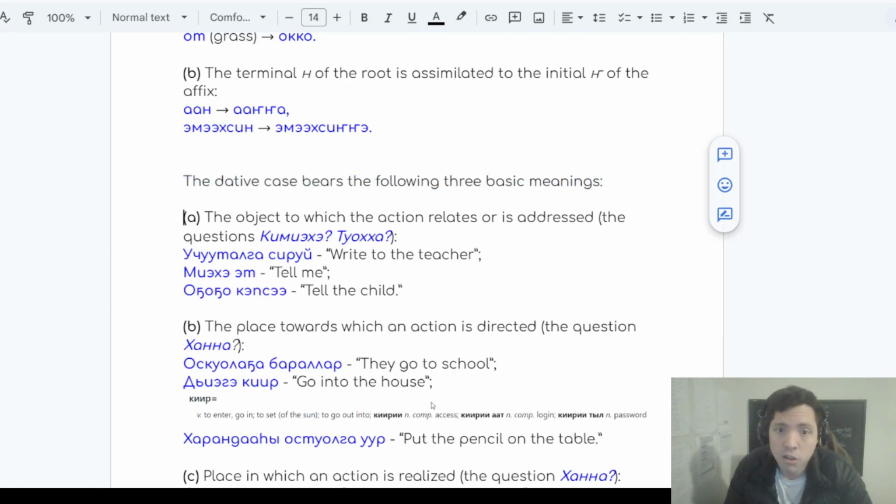The dative case bears the following three basic meanings. The object to which the action relates or is addressed, it answers to questions. Kibieche tuoka. Okay. To who, to what is what those mean. And I should probably add that in there. Let's be honest. So to who and to what?